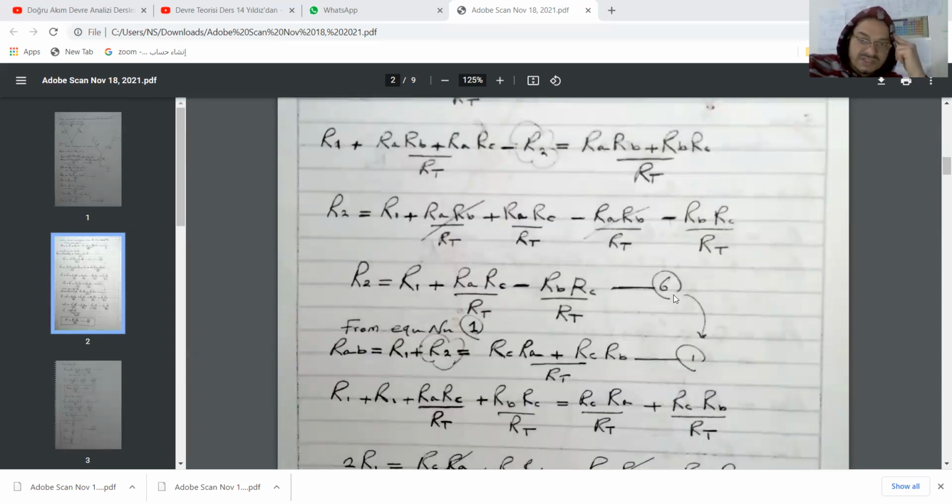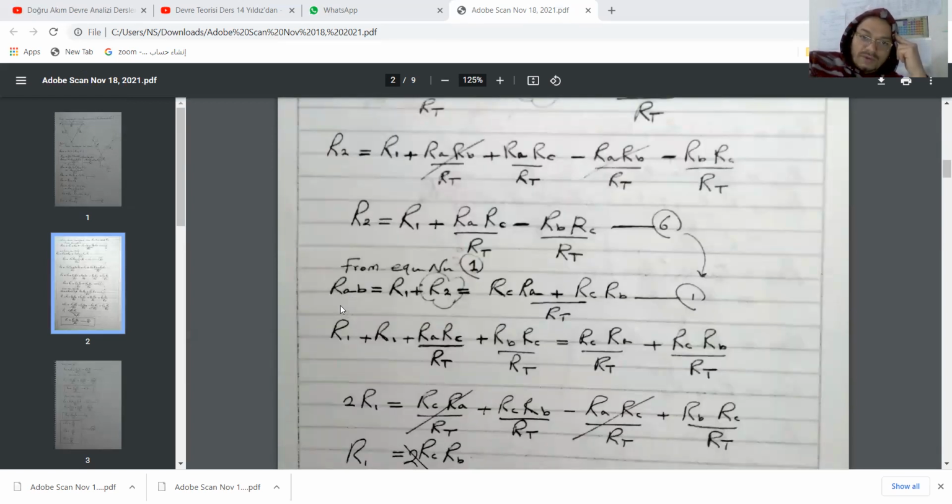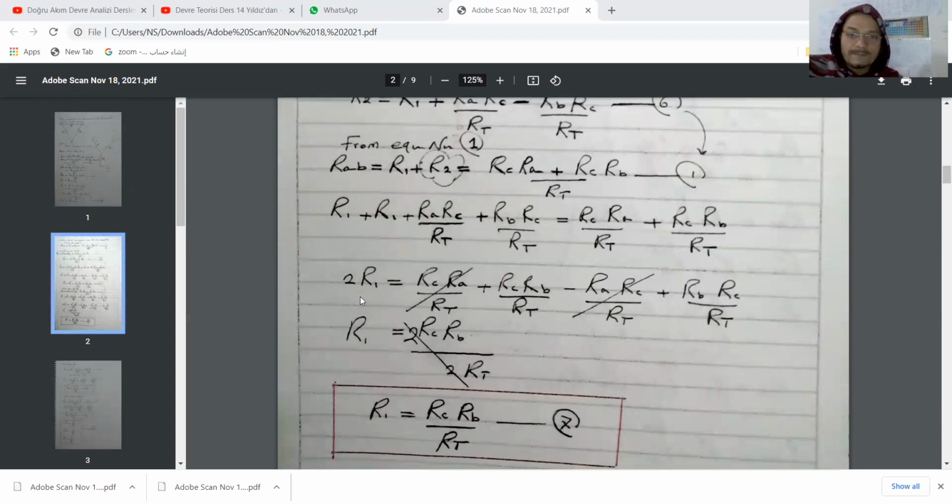It's equation number 6. From equation number 1, RAB equals R1 plus R2. We will put R2 inside this equation number 1, to be like that. Equal RCA on RT plus RCB on RT.